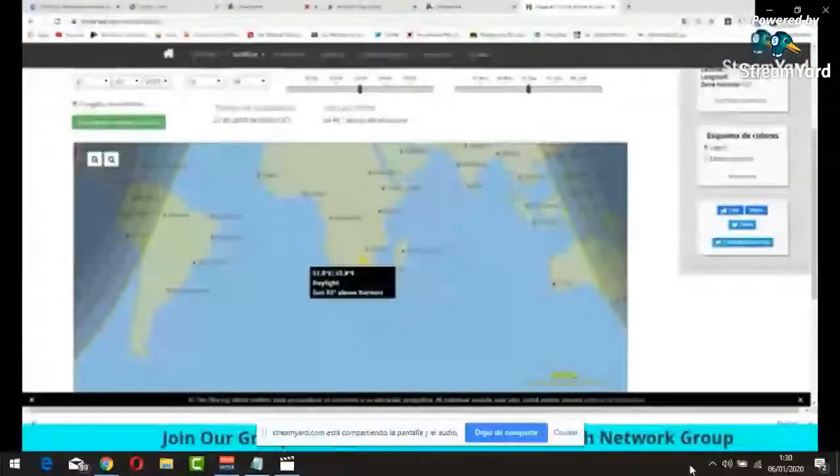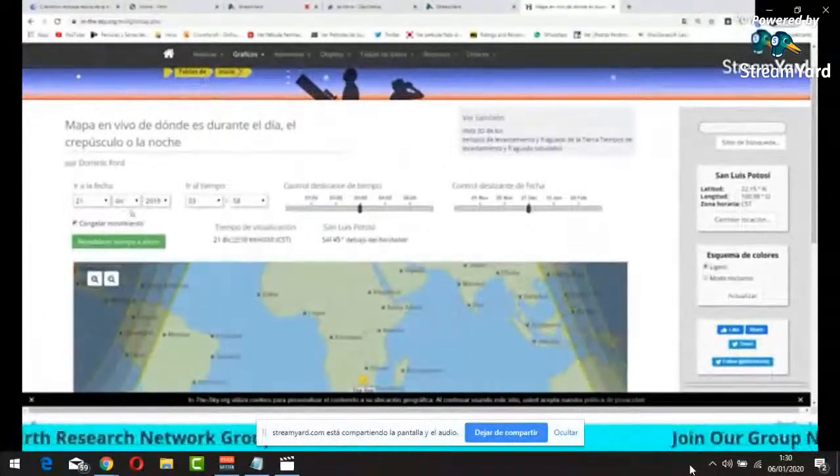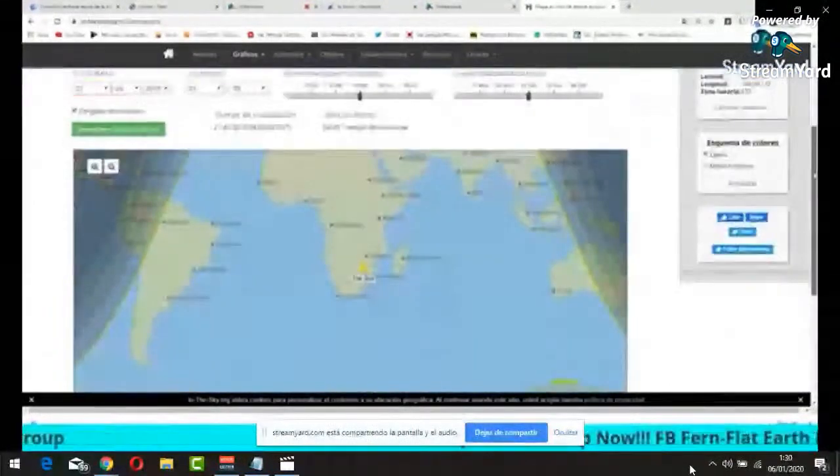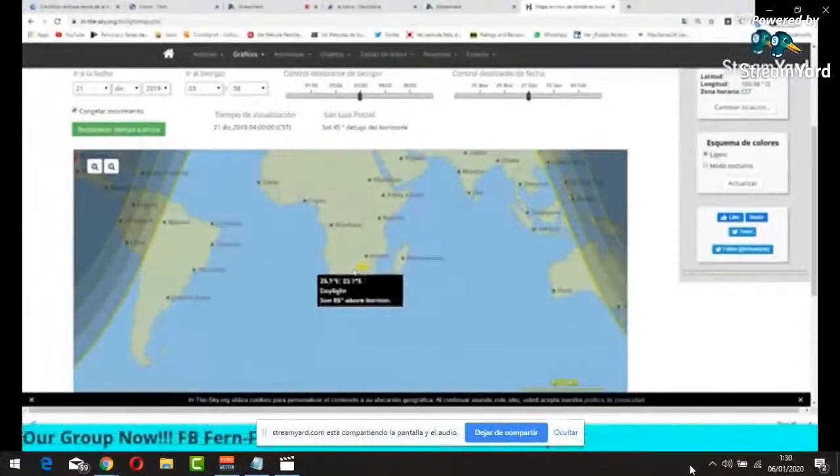We will use the 21st of December this year, because it's the southernmost point of the sun, when it's in Capricorn. It's the highest speed, and it's a regular speed.